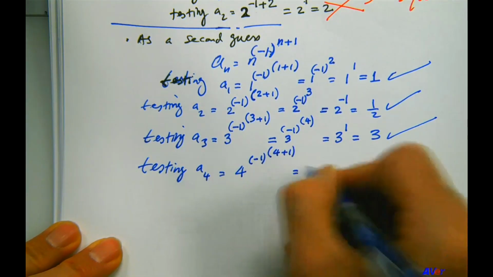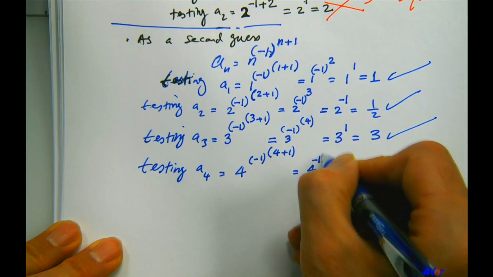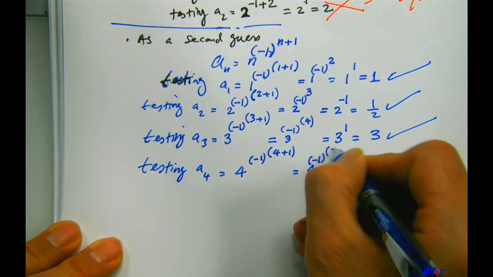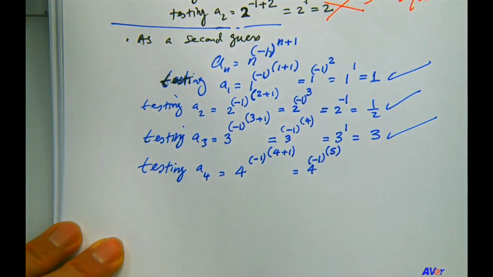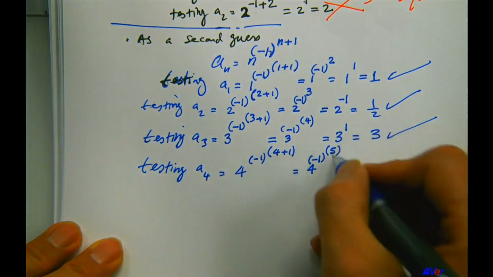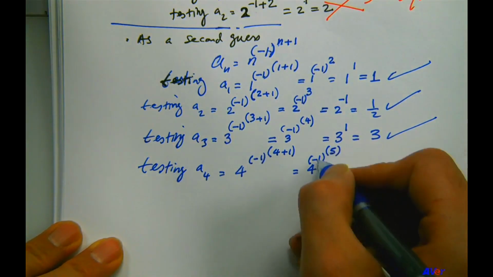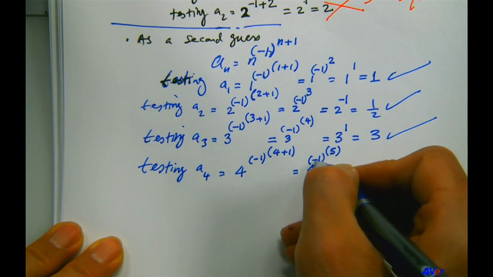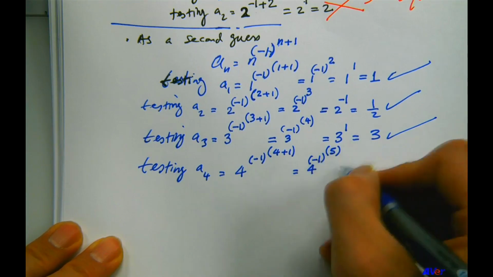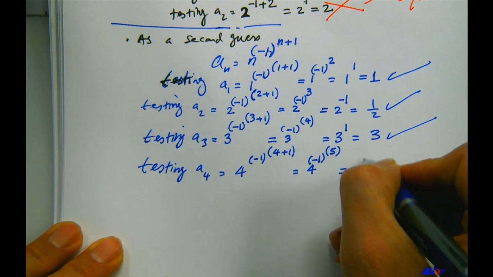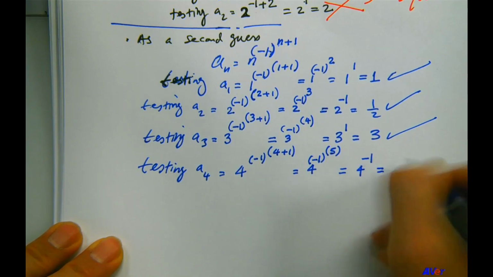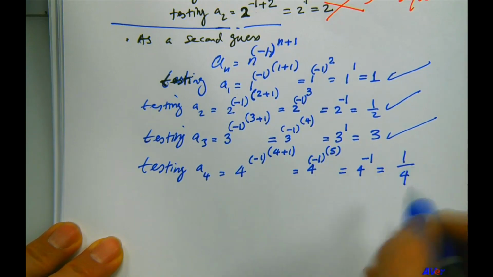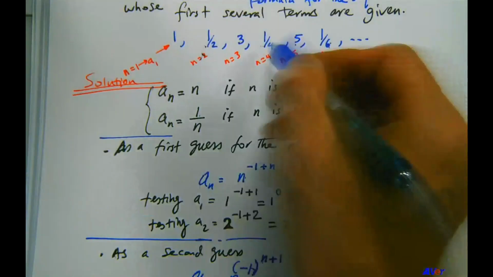Okay, what are we going to get? We're going to get 4 to negative 1 power raised to fifth power, right? Fifth power. 5 is odd, so minus 1 raised to any negative number raised to an odd power preserves this negative. So we end up with 4 to negative 1 power, which is 1/4. So, which is what we were looking for.